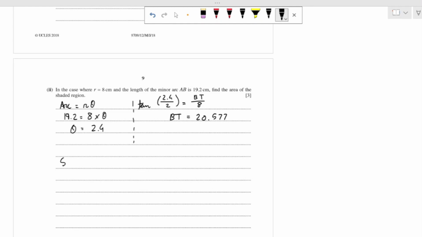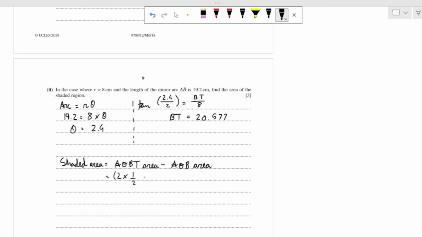Right, now for the shaded area, that would be AOBT area minus AOB area. So AOBT area would simply just be 2 multiplied with area of OBT. What is area of OBT?